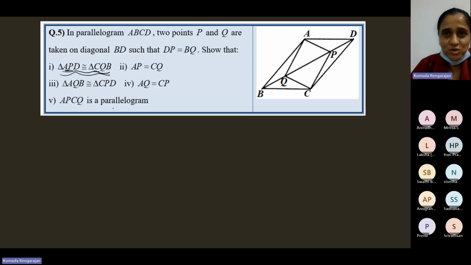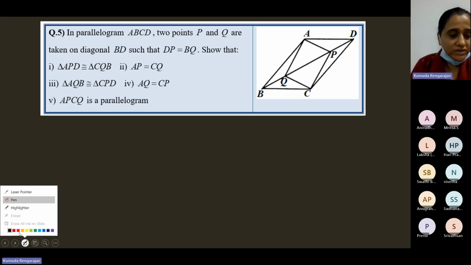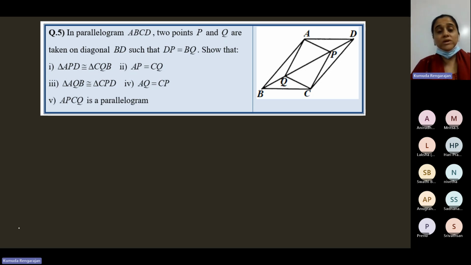This is just for information. Some of you might have realized it already, but if you didn't, don't resort to this method. With the information given, you should be able to look at the figure and find the appropriate equalities to show that the triangles are congruent.